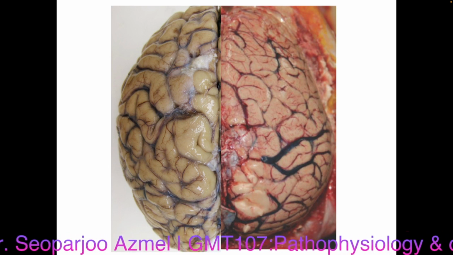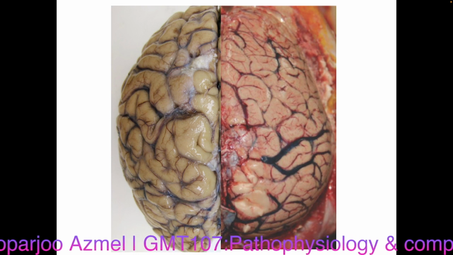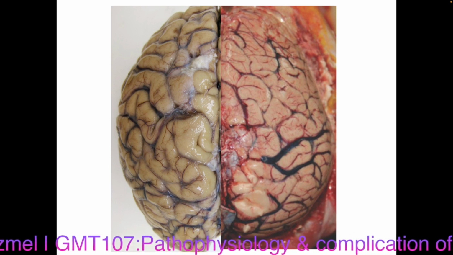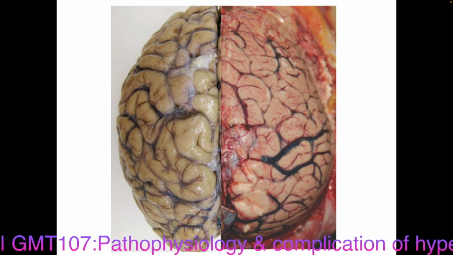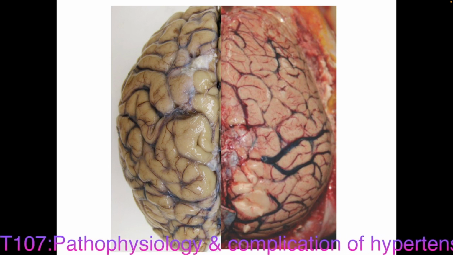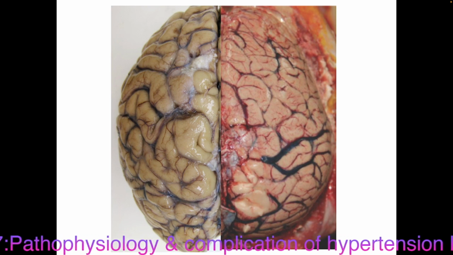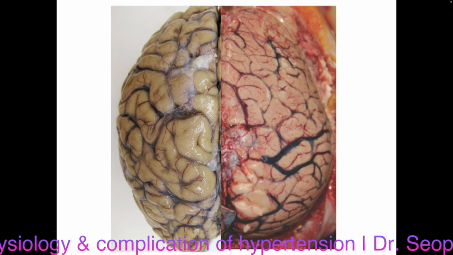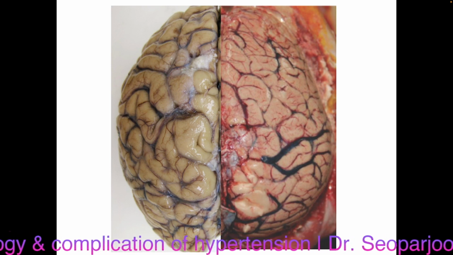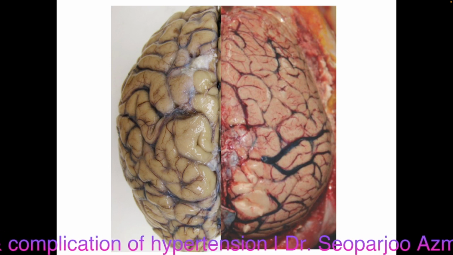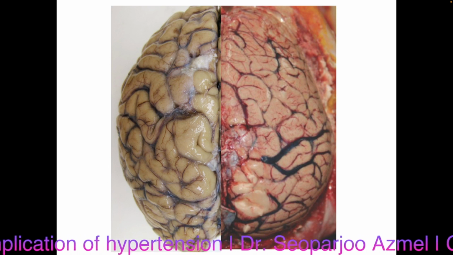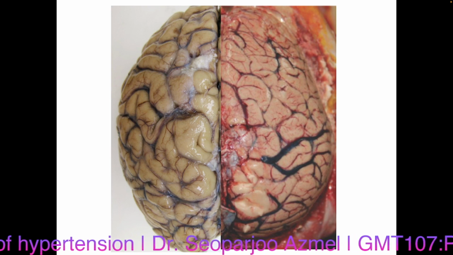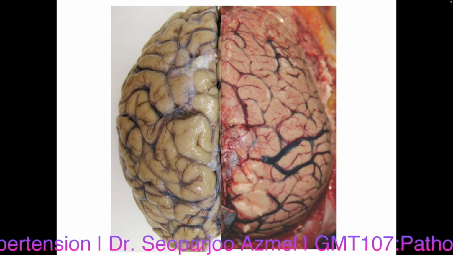In a normal brain, you can see the sulci and gyri very nicely. The sulci are the curves, and the gyri are the elevations of the brain parenchyma. So you can see clearly the differentiation of the sulcus and gyrus.